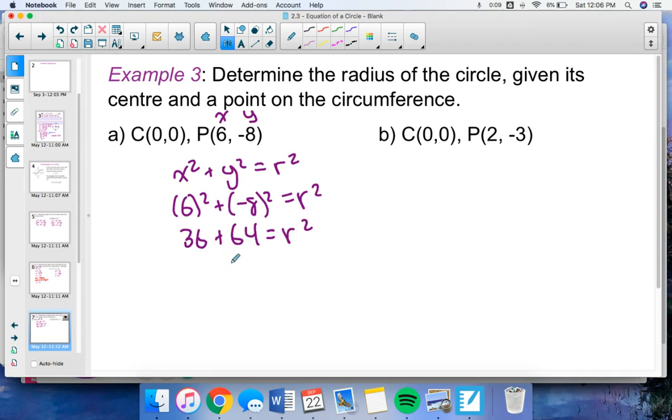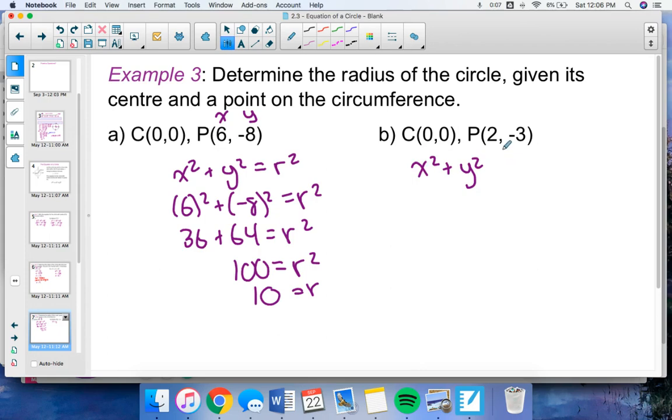So 36 plus 64 is 100. So therefore, 10 equals r. Okay, and that's the radius. We found it. Pause the video. Try this one by yourself.